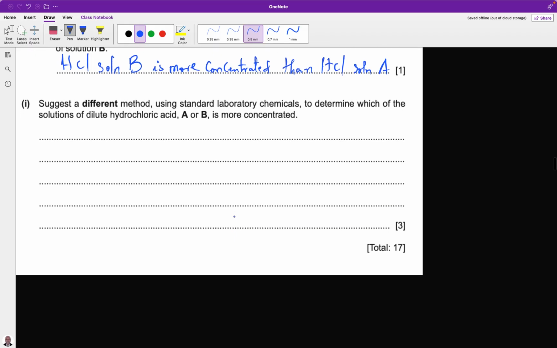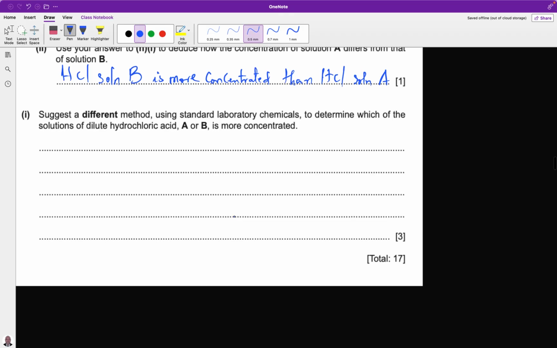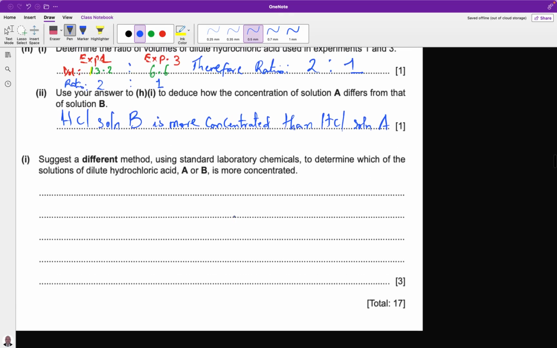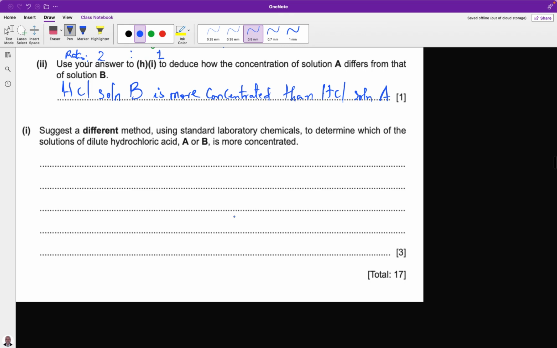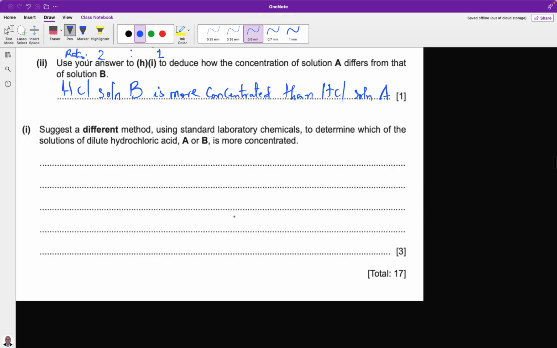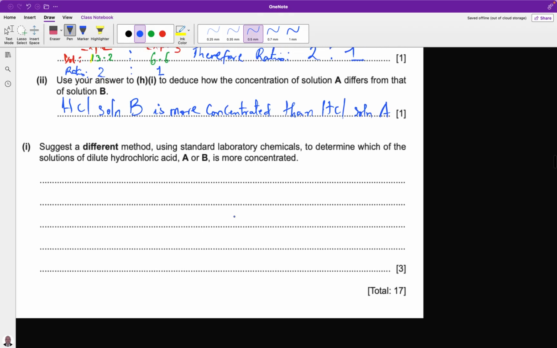Now, the I part of the equation after H1, H2, now on I, suggests a different method using standard laboratory chemicals to determine which of the solutions of dilute hydrochloric acid, A or B, is more concentrated.